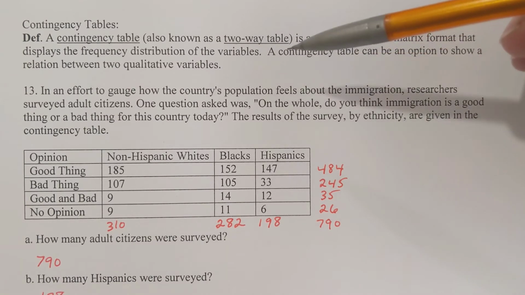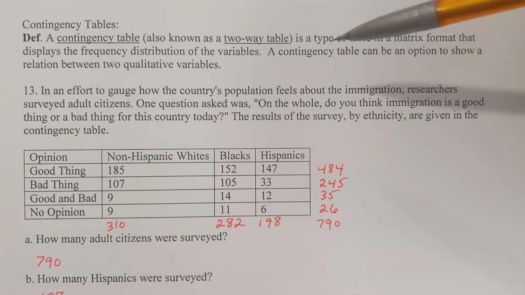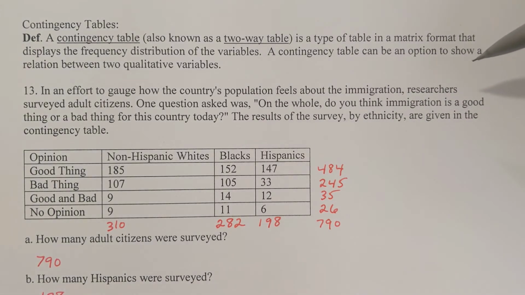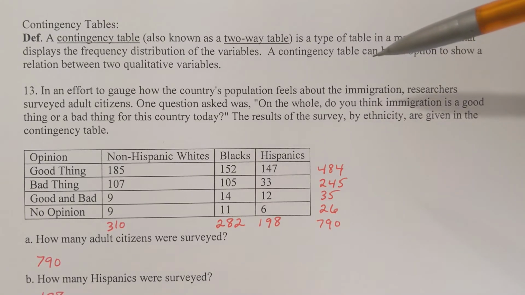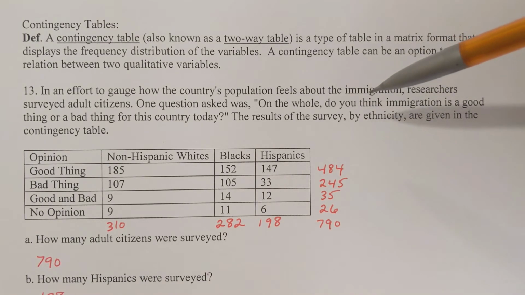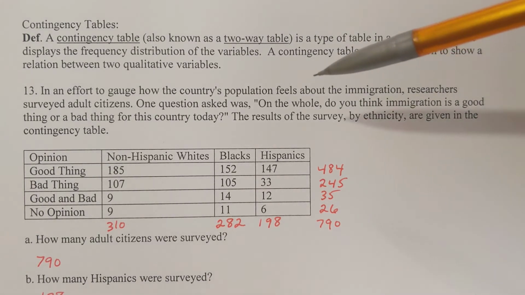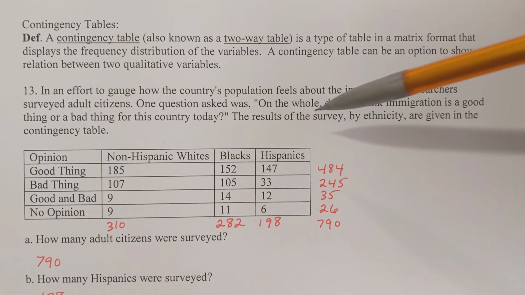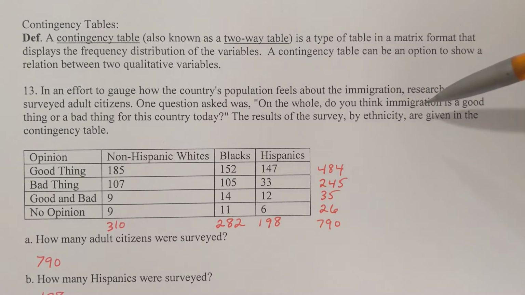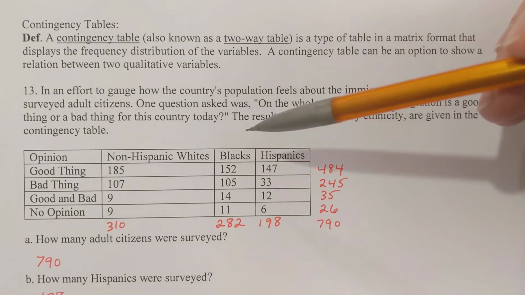In an effort to gauge how the country's population feels about immigration, researchers surveyed adult citizens, and one question asked, on the whole, do you think that immigration is a good thing or a bad thing for the country today? The results of the survey by ethnicity are given in the contingency table.